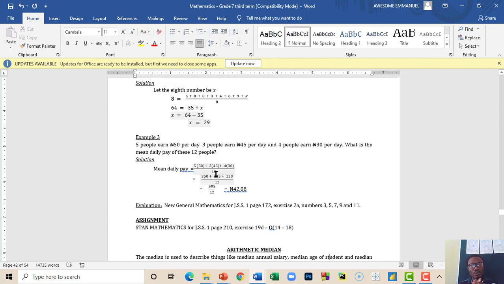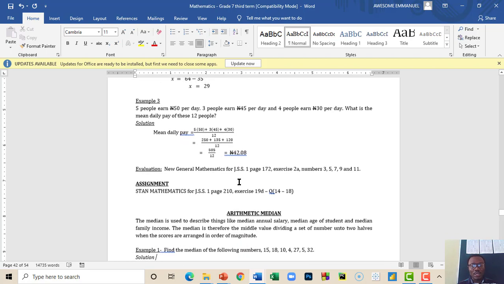So you also get the total money earned for the day. For the 5 people is 5 times 50. For the 3 people is 3 times 45. For the 4 people is 4 times 30. 5 times 50 is 250, 3 times 45 is 135, and 4 times 30 is 120. The summation of everything gives 505. Then 505 divided by 12 is 42 naira 8 kobo. So that is just how to get the mean.